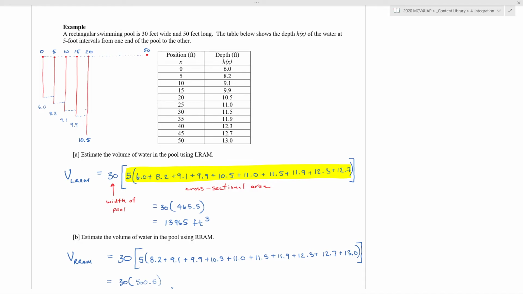I can do the exact same thing with RRAM, except this time my rectangles look slightly different. This time they're going to look like this.